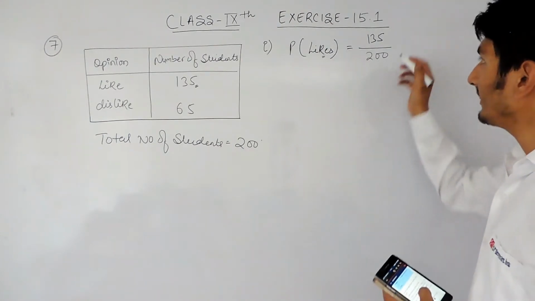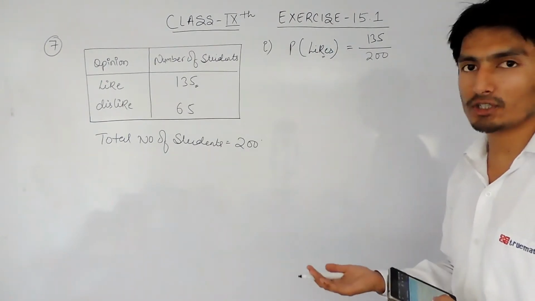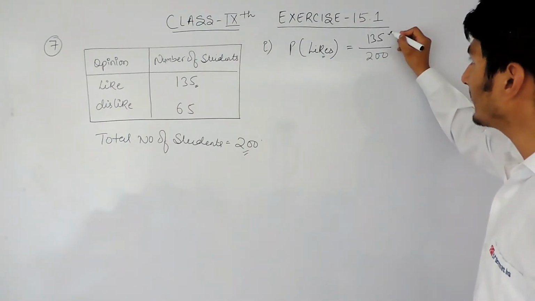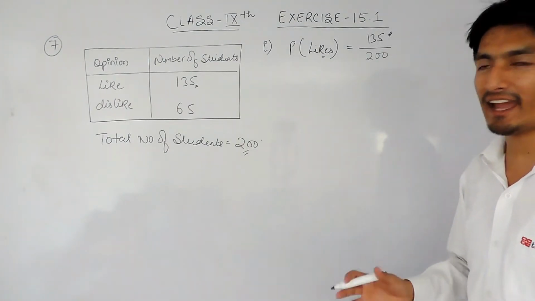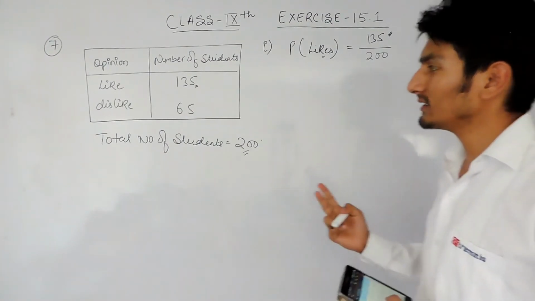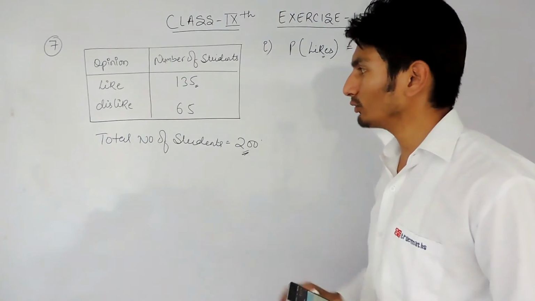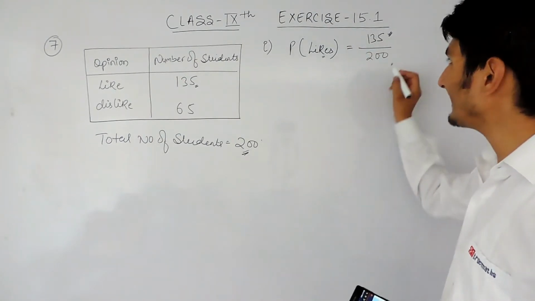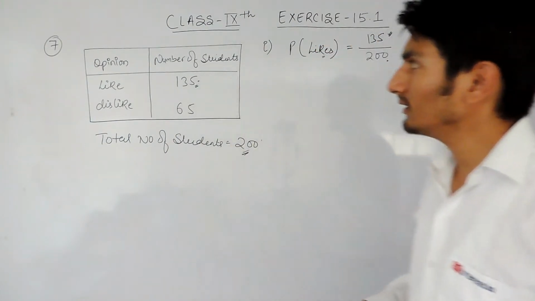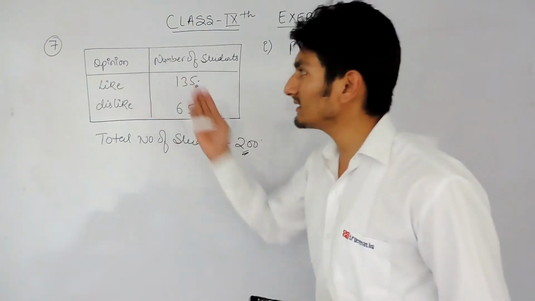This formula will remain the same for all the questions, but the total number of trials and the number of trials in which that event has occurred will change from question to question. So two things are important. First of all, you have to find out the total number of students, which will act as the total number of trials, and you are given the number of students who like this subject.